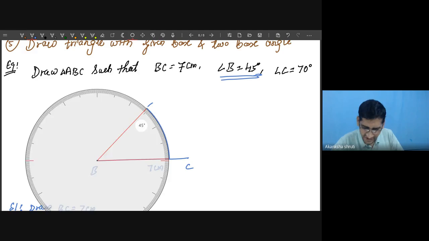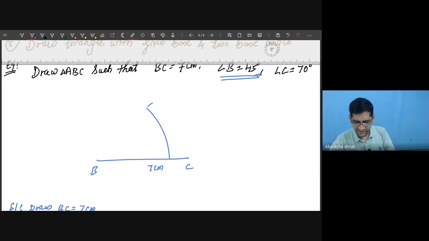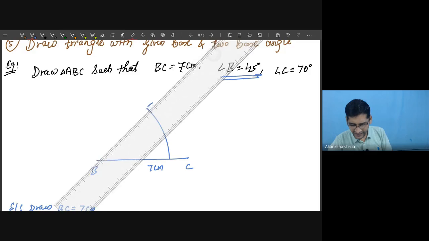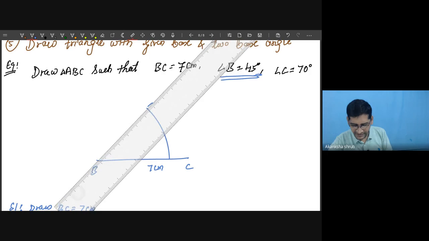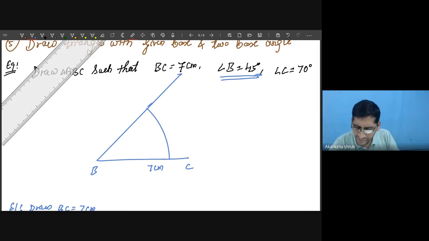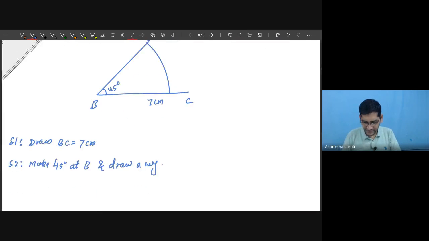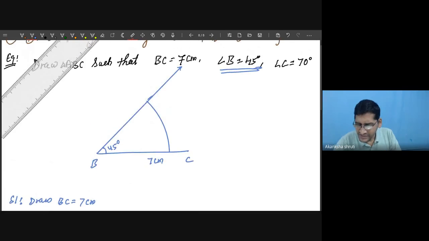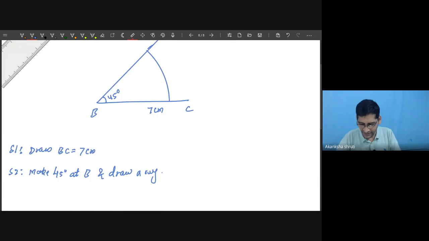So let me draw that ray. For drawing this 45 degree, I have drawn that circle. Otherwise, without drawing this circle, you can draw with the help of the protractor. This way, this 45 degree is drawn. And make a ray. Consider this point as P. P is any point on this ray, ray BP.